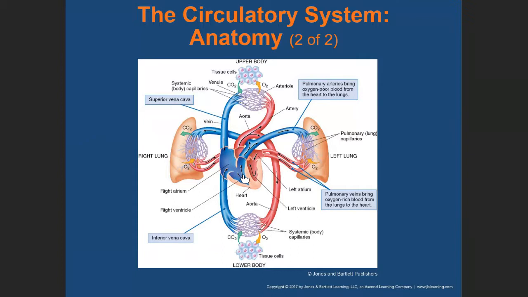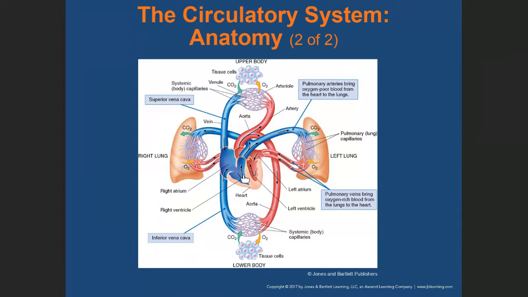So if the right side of the heart starts to fail and that problem is not addressed, eventually the left side will start to fail. And then we get what is called congestive heart failure, which is both sides failing.